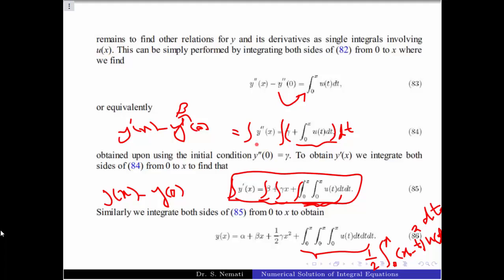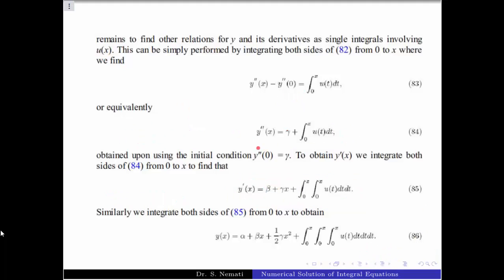The second order derivative equals this expression, the first order derivative equals this expression, and the function y itself equals this expression, so we can use the general formula of multiple integral for 85 and 86.